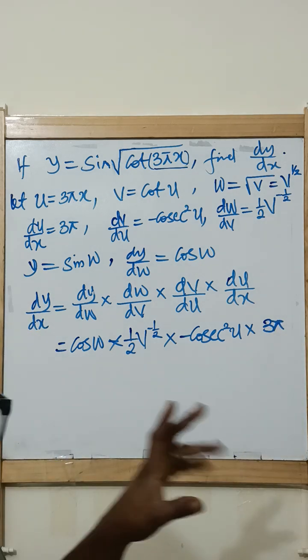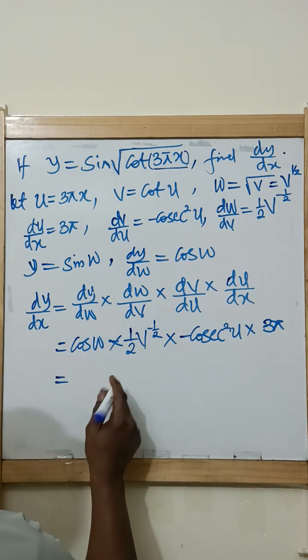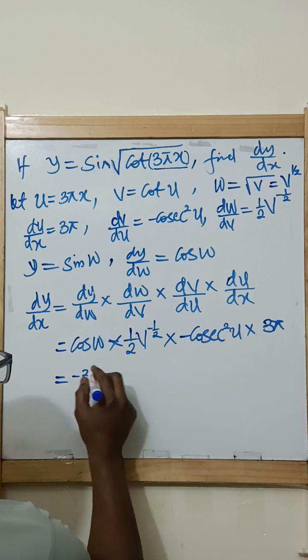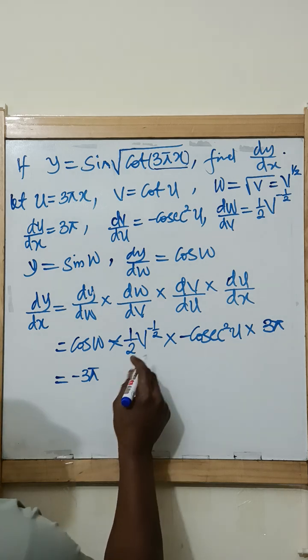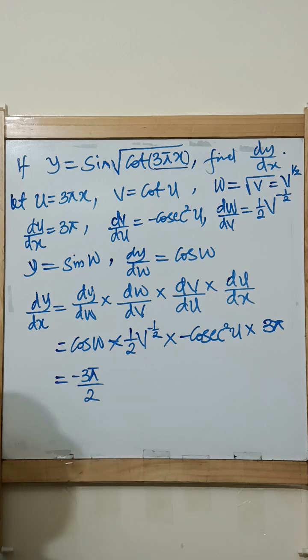So this is the differentiation. We will now multiply everything out. Minus times 3 pi is minus 3 pi. Then these two can be here.